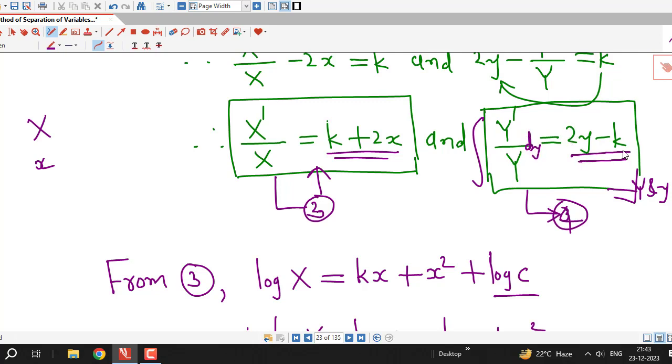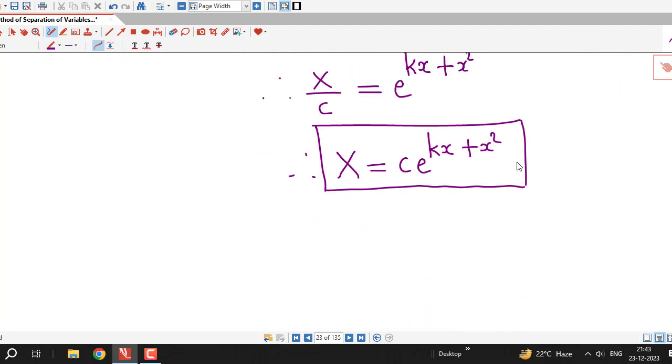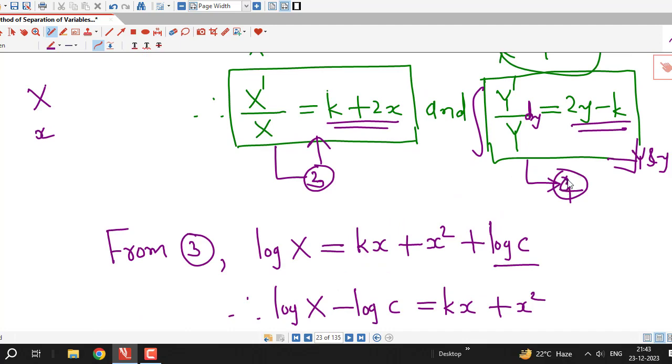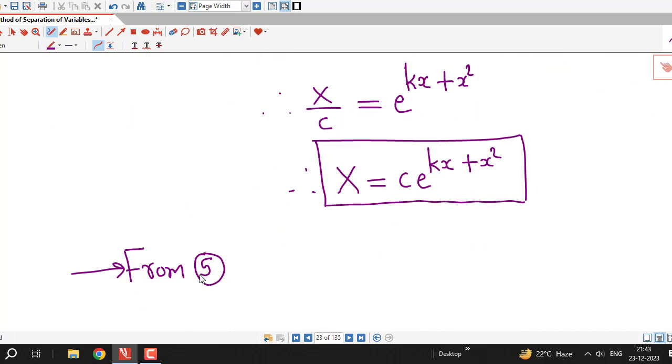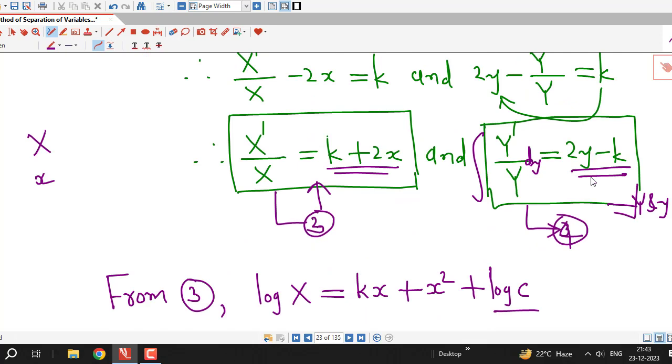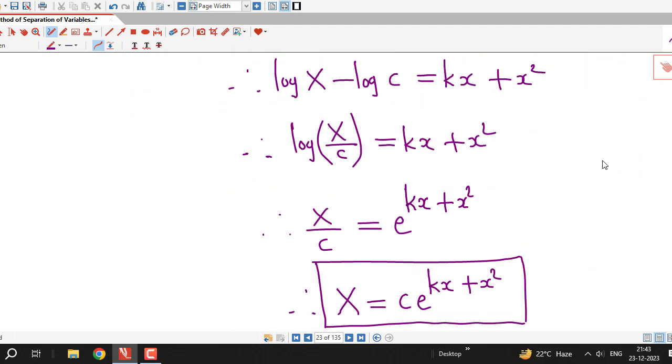So integral of Y dash over Y, that is going to be log of Y. From equation number 4, integral of Y dash over Y, that is log Y, equals integral of 2y is 2 into y square by 2, that is y square minus k into y.